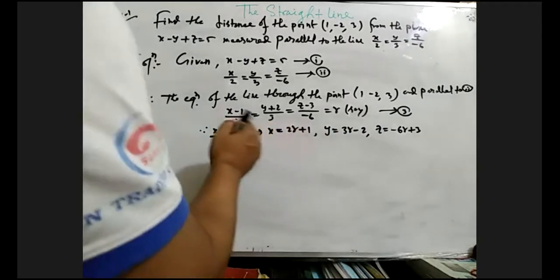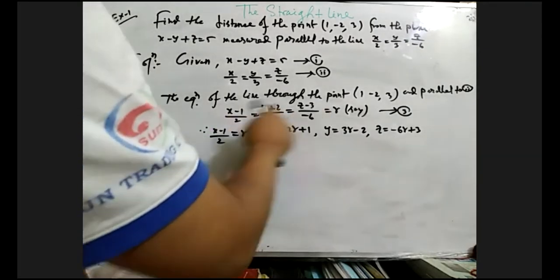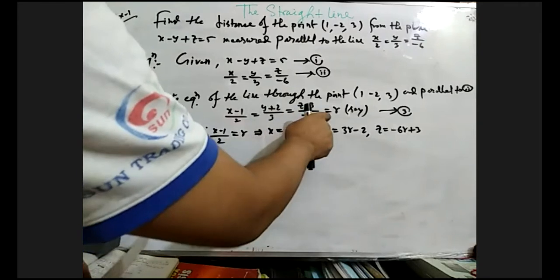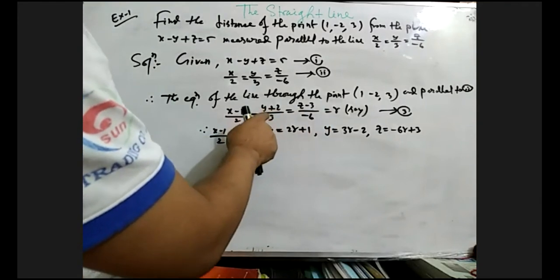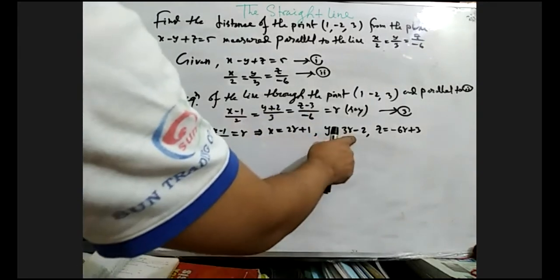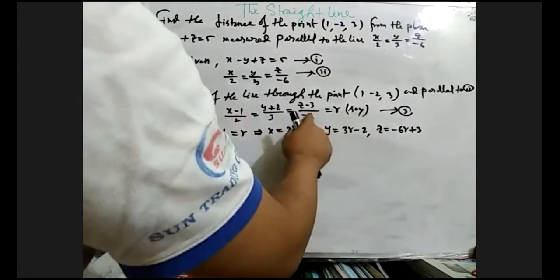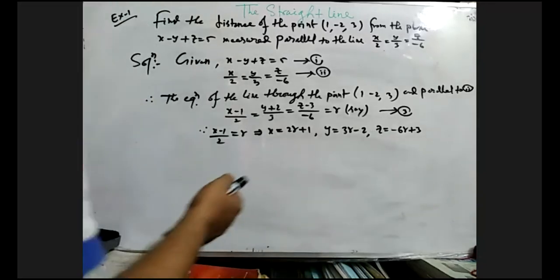So from the first ratio, x minus 1 by 2 equals R. Therefore, x equals twice R plus 1. Similarly, y equals thrice R minus 2, and z equals minus 6R plus 3.